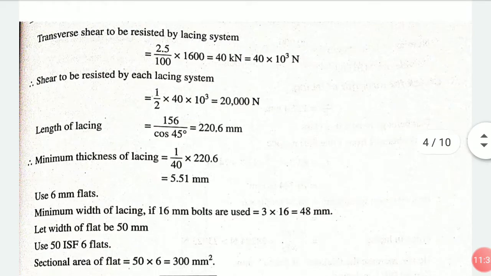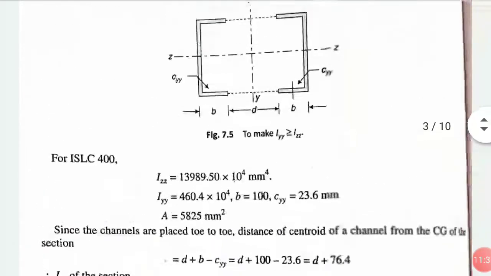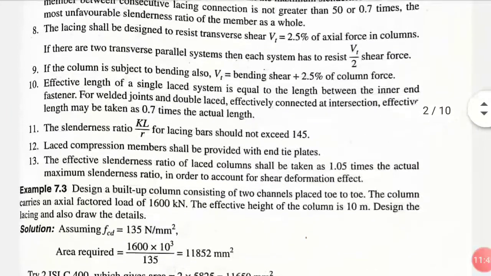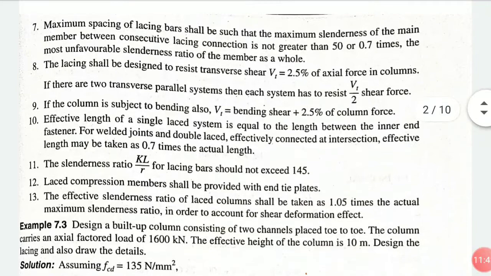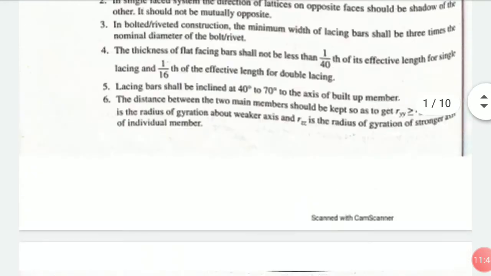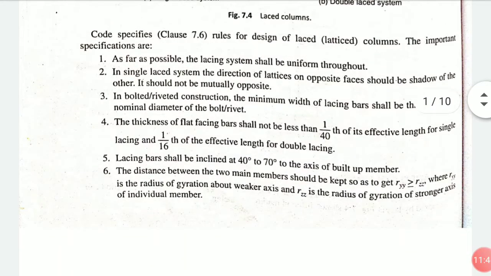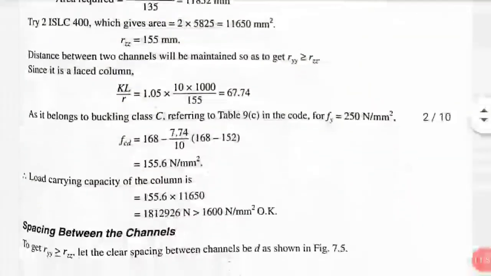Minimum thickness of lacing is 1/40th times, given in the design step here. The thickness of flat, as in not the channels. So if I'm using a flat plate, the thickness shall be 1/40th times its effective length.